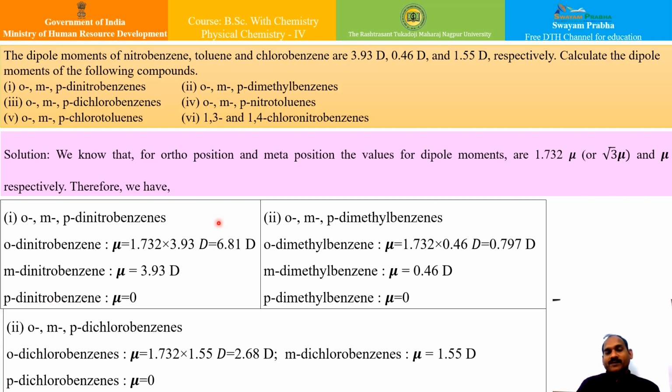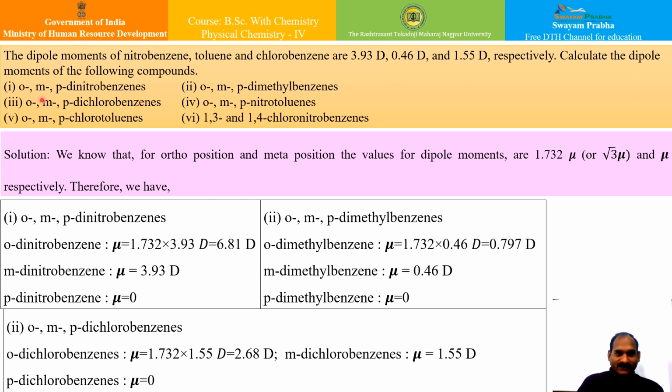This is one of the very important numericals which we can see. In this particular numerical, the dipole moments of nitrobenzene, toluene, and chlorobenzene are given as 3.93 dB, 0.46 dB, and 1.55 dB respectively. And now we need to calculate the dipole moments of the following compounds.